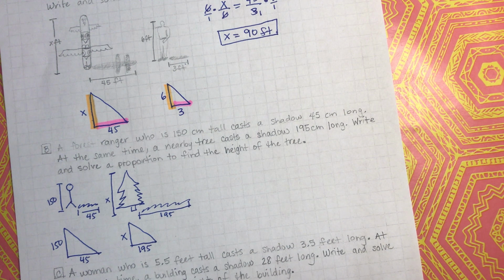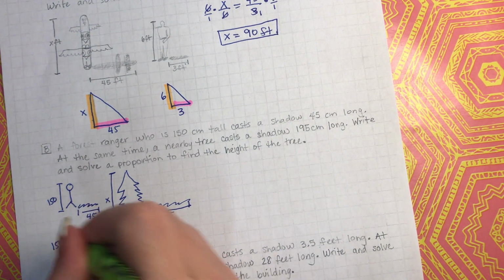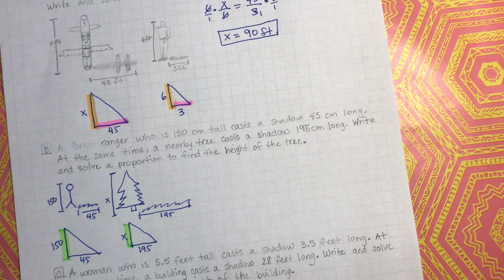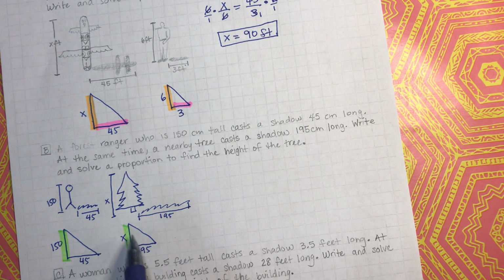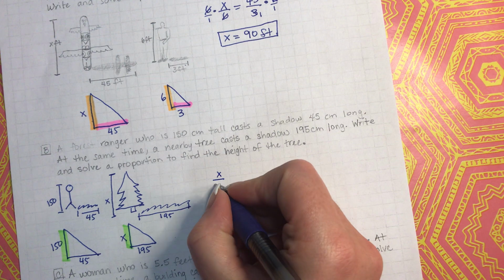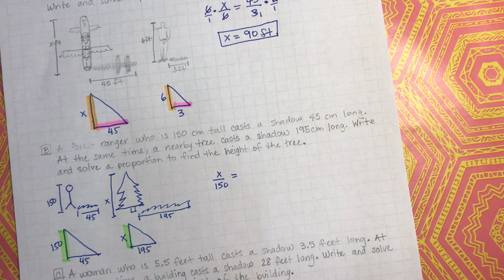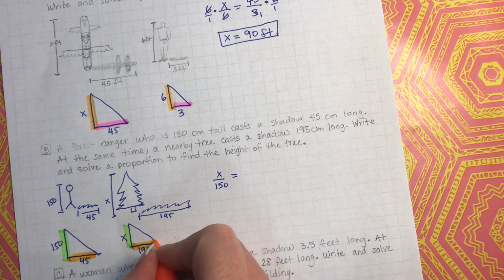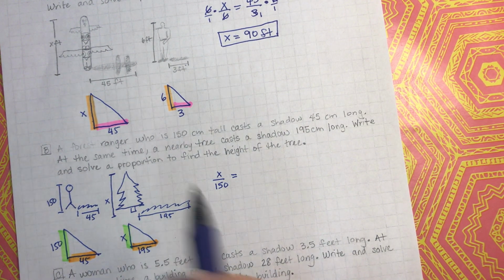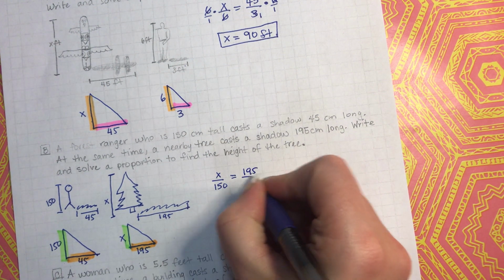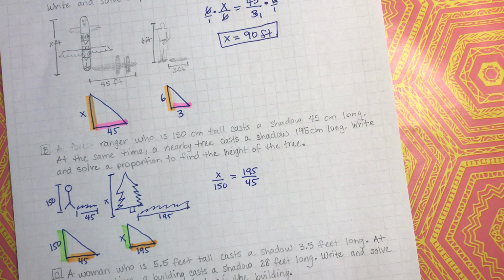So we're going to set up those corresponding sides. This time I'm going to put this triangle on top of the fraction, so it's going to be X over 150 is equal to the other corresponding sides. We're putting the X triangle on top, so that means 195 also needs to go on top, over 45.